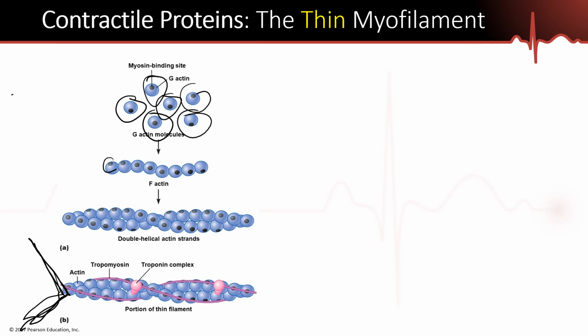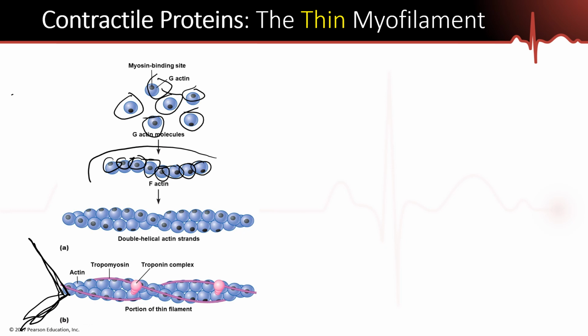F-actin is made up of a whole bunch of G-actins, little globular proteins that all come together to form a little strand. Okay, we're going to ultimately get to the point of understanding the true actin filament. So all these globular actins come together to form a little strand that we call F-actin.